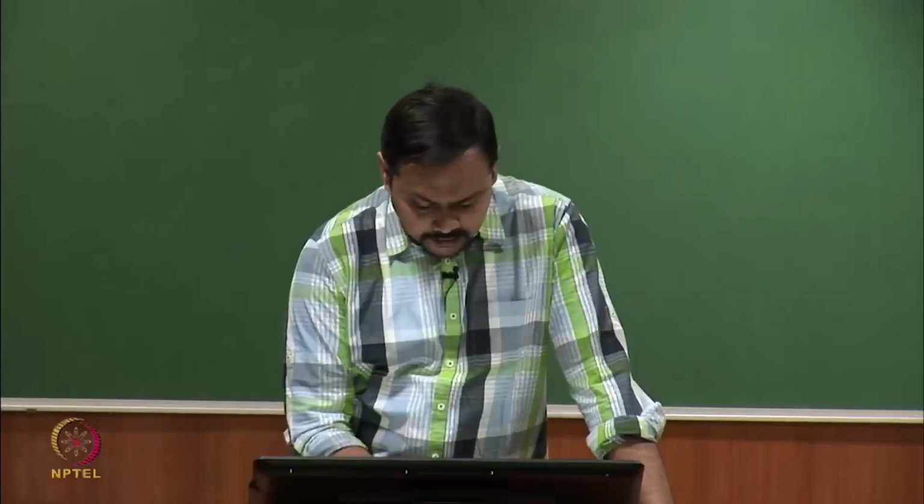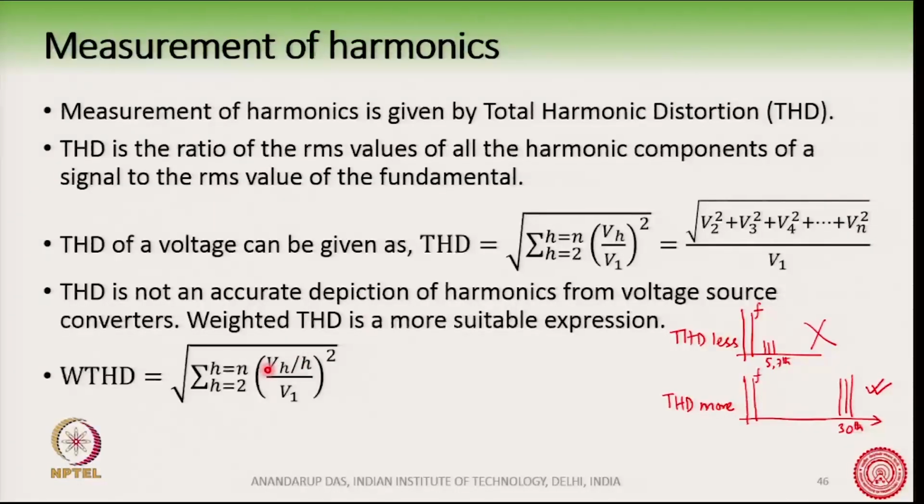If the harmonic order h is high, then the contribution of that harmonic goes down, because it can be easily filtered out, for example, by the inductance of the motor. So, weighted THD is actually a more suitable description. When you compare voltage source converters in terms of harmonic performance, weighted THD is a more suitable expression.